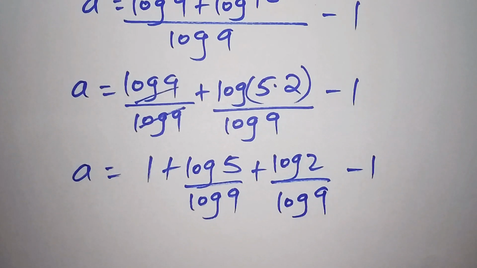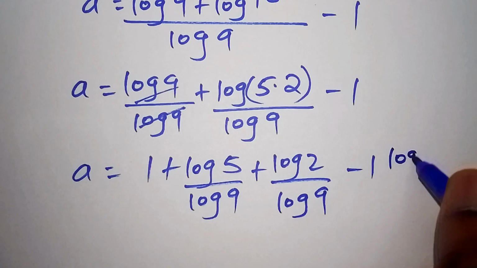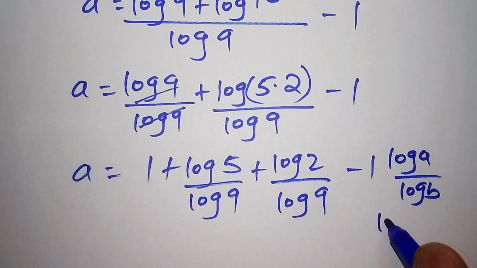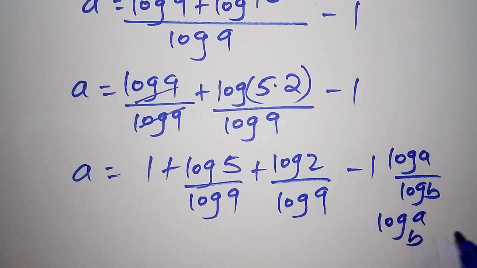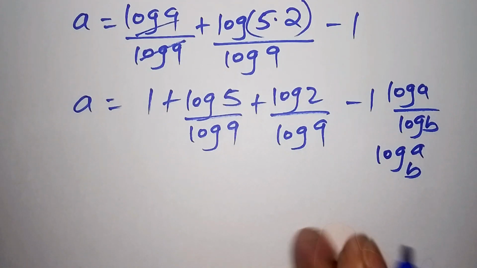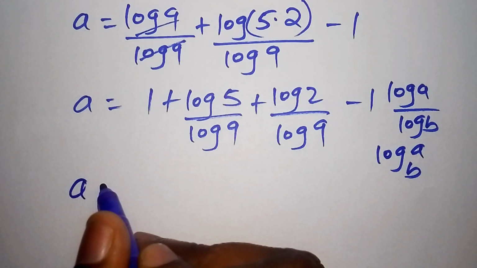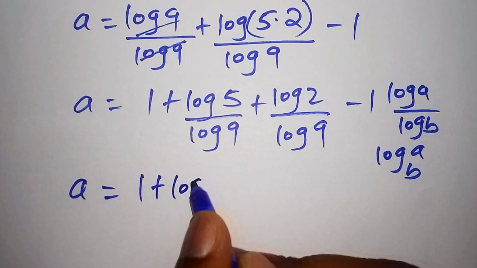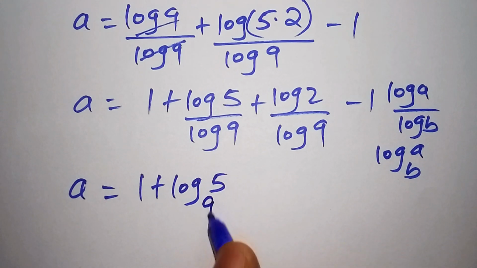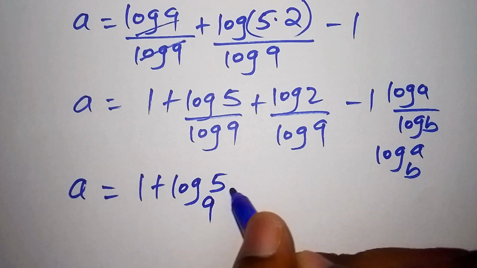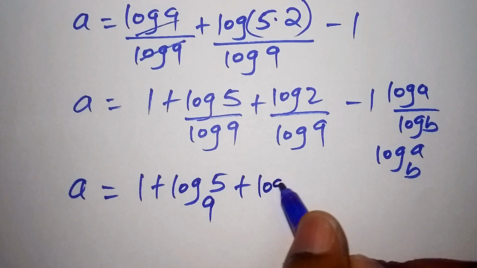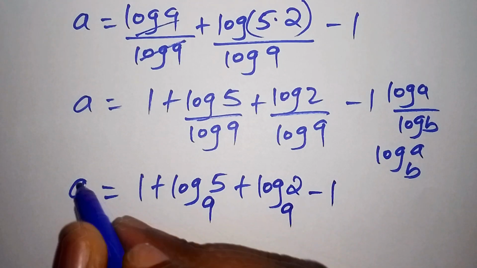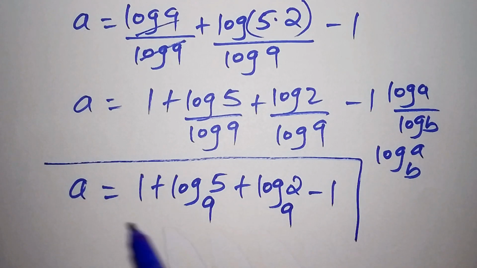So assuming that we have, for example, the log of a over the log of b, this one we can write as the log of a to the base of b. So the final answer for the value of a equals 1 plus the log of 5 to the base of 9, plus the log of 2 to the base of 9, minus 1. So this one shall qualify to be our most correct and best answer.